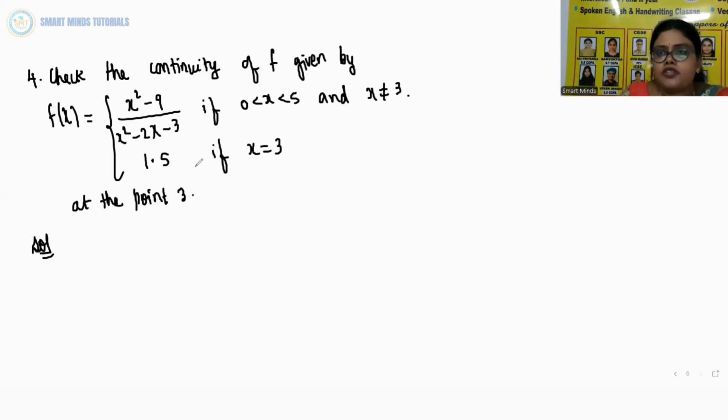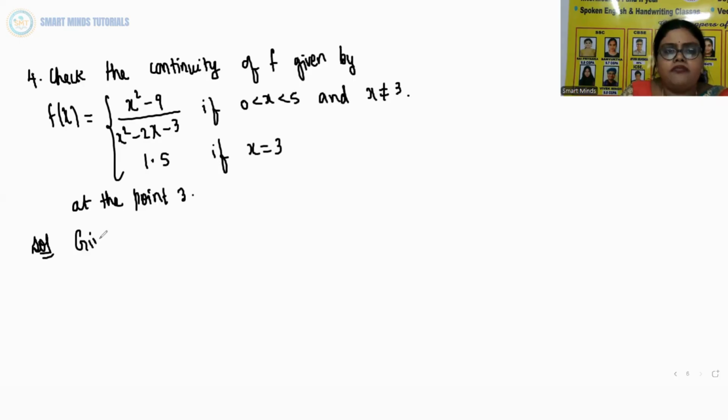Now take the next question. Check the continuity of f given by f of x is equal to x square minus 9 by x square minus 2x minus 3 if x lies in between 0 and 5 and x is not equal to 3. And the value is 1.5 if x is equal to 3. So what do we do?